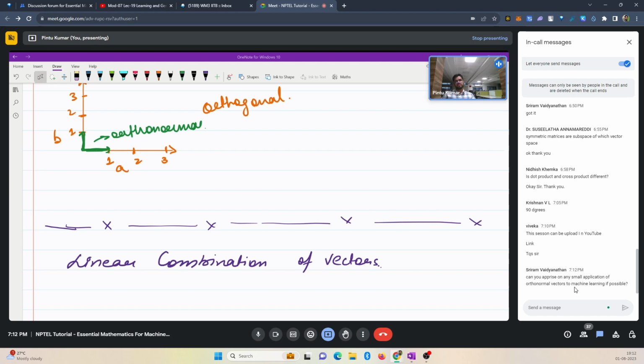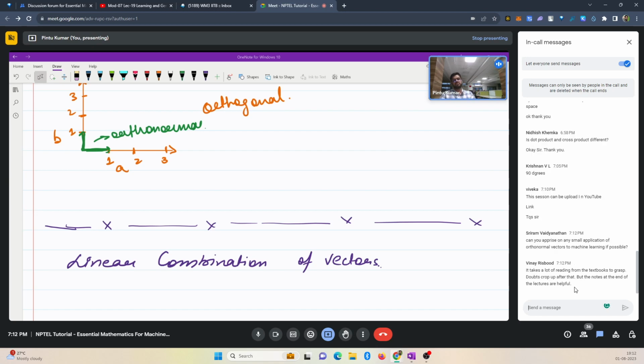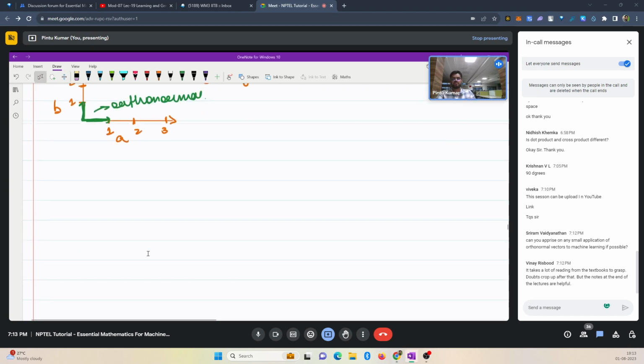See, orthonormal vectors. If you look at the application of normalization, let's say you have a data set x comma y, and your x has some 10 features. Take the example of your housing data set.